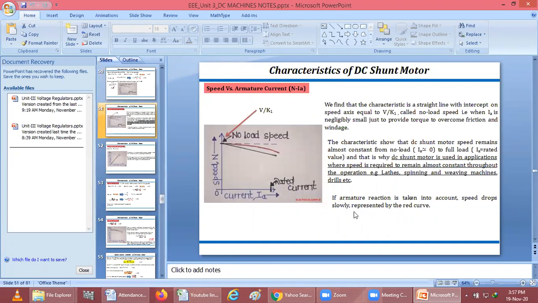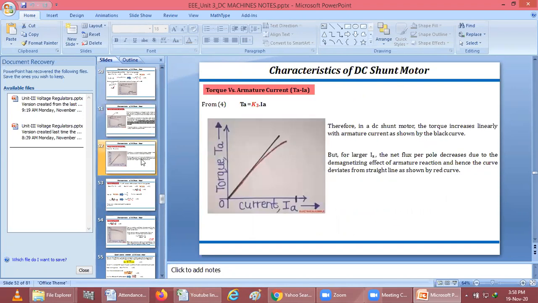There will be a minor decrease in the speed with respect to the increase in current. Now we are supposed to see the graph for torque versus current.